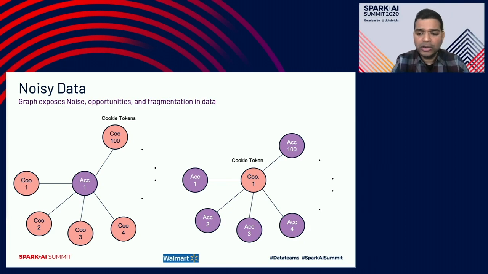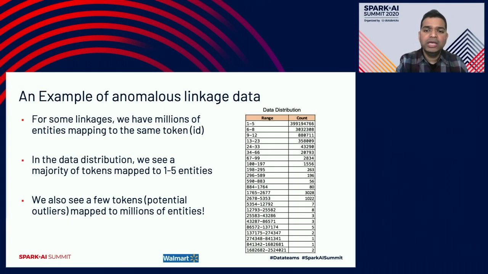So just to go further on this argument, I will show you a distribution of data in the form of a histogram. Here what we are showing is that one ID could belong to 1 to 5 IDs in most of the cases. This is almost in the range of 399 million, and 6 to 8 IDs in some cases, 9 to 12.